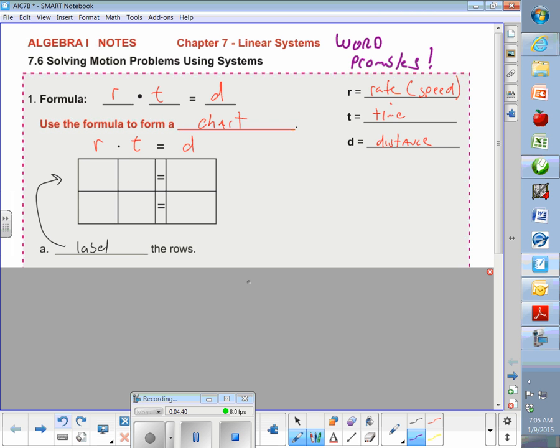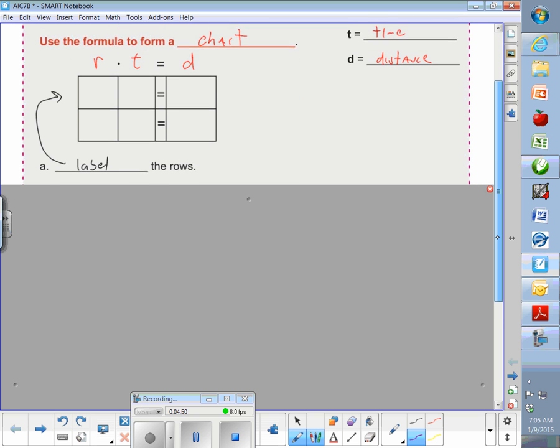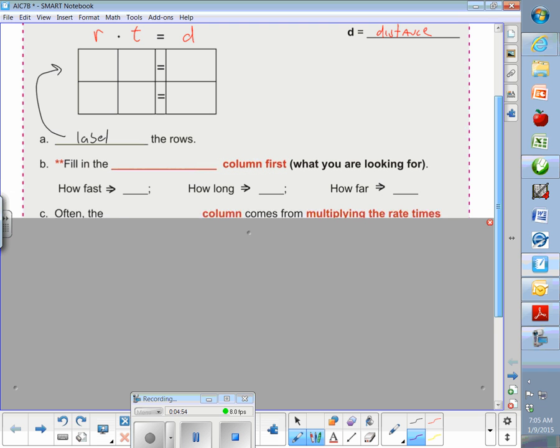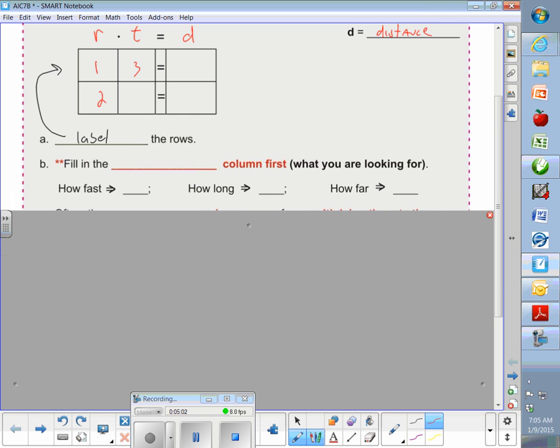So the first thing you want to do once you get your chart set up is label your rows. Once we get to an actual word problem, I'll show you what I mean there, and that's not hard to do. Now, this is a trick. Look at the chart. There are 6 blocks to fill in.